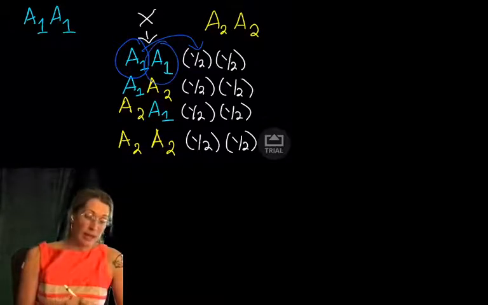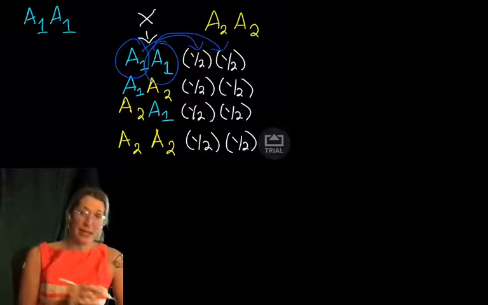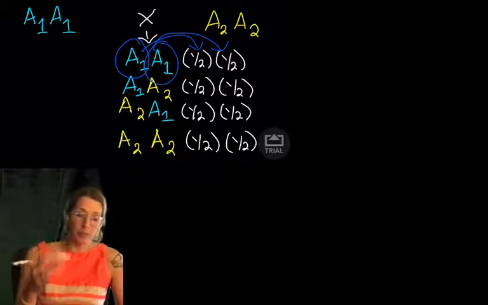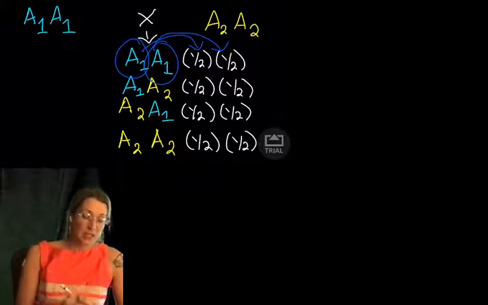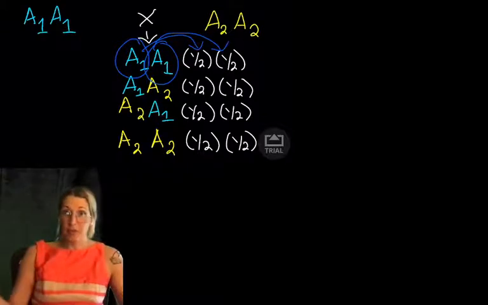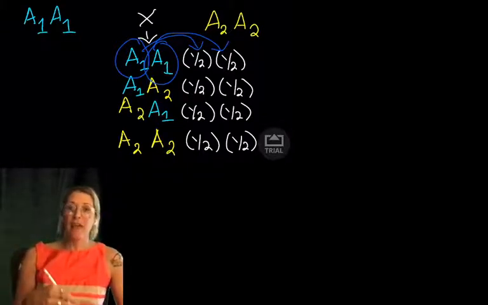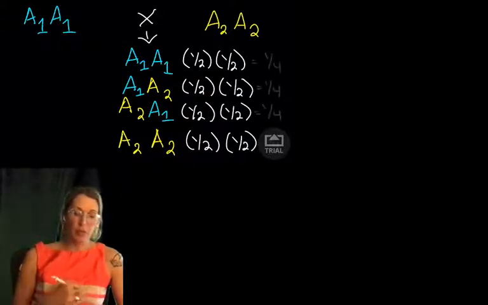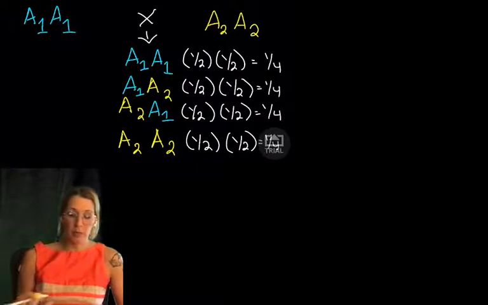Each of these, because half of the population is each thing, you have half probability of receiving each of these alleles. We multiply those, as we learned in probability. So there's a 1/4 probability of each of these combinations of alleles in the offspring.